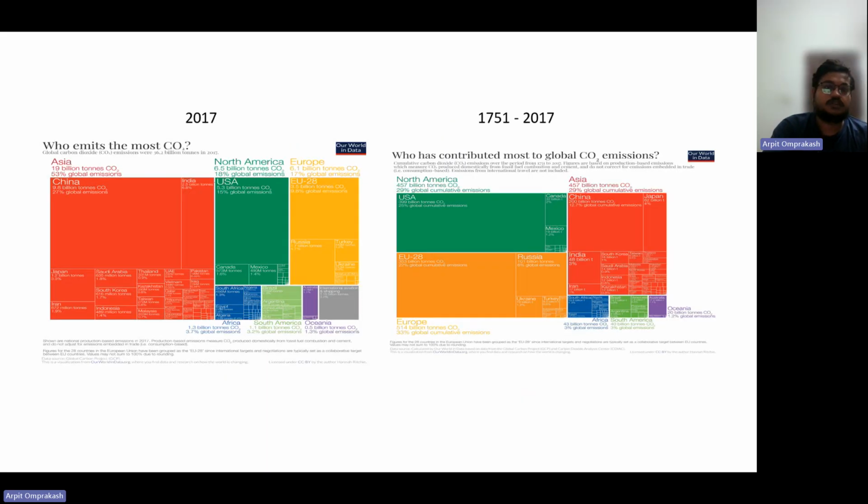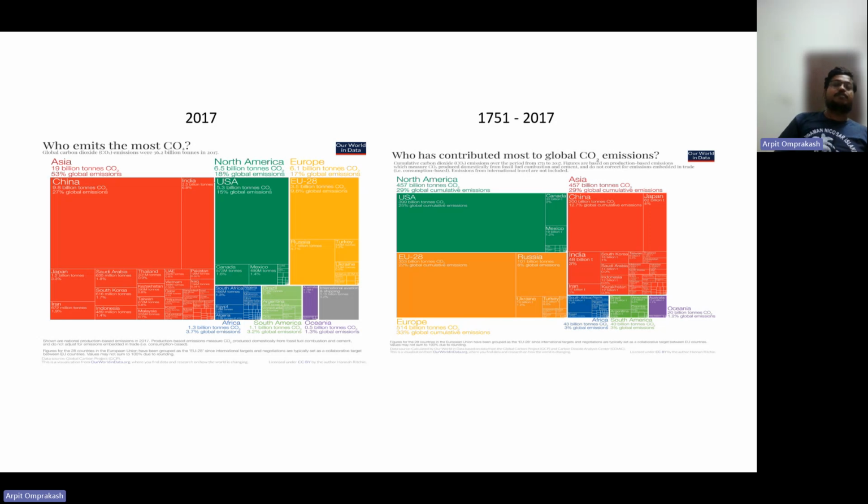Right. Then this is a comparison of current and historical emissions: which countries emit the most carbon dioxide, and historically who has contributed most to global carbon dioxide emissions, right?